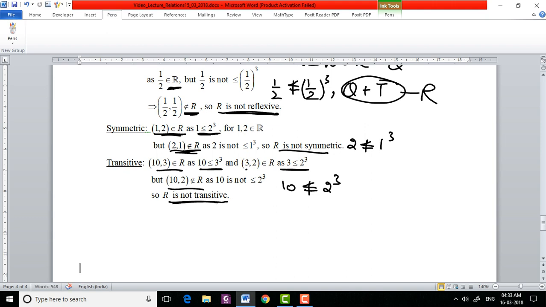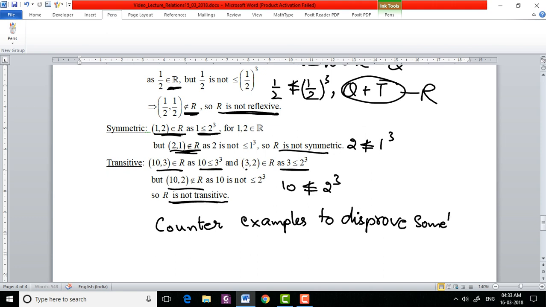So whenever we need to show that R is not reflexive, not transitive or not symmetric, we simply give a counter example to disprove something. This is important.